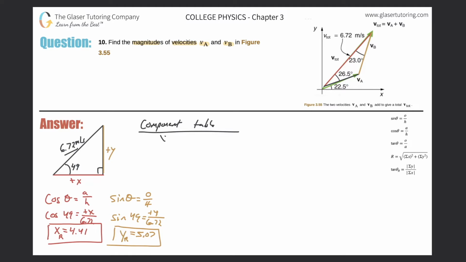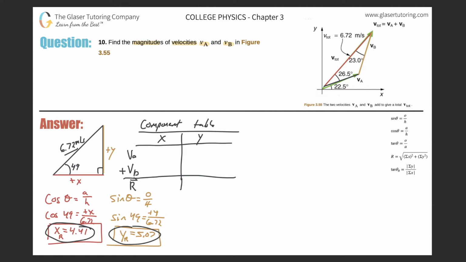Okay, I have my X components in the problem and I have my Y components. And I have three vectors. I have vector A, vector B, and the resultant vector. Now remember, when I add vector A's components to vector B's components, I get the components of the resultant. What did we just find? We just found the X component and the Y component of the resultant vector.